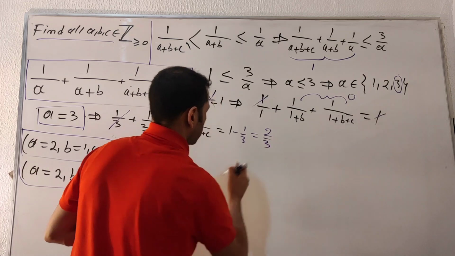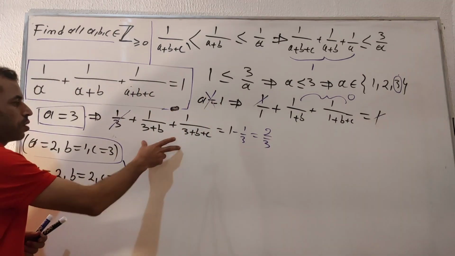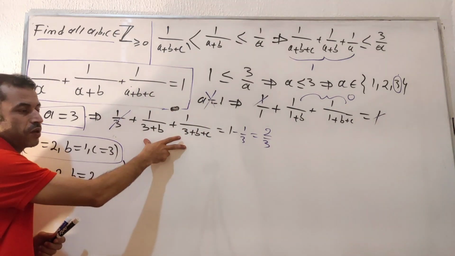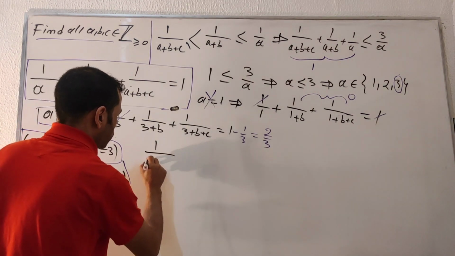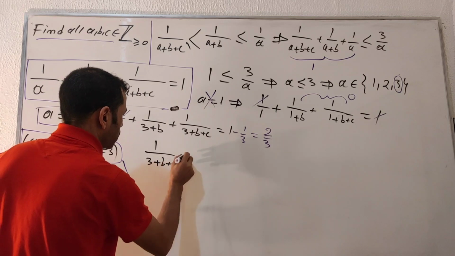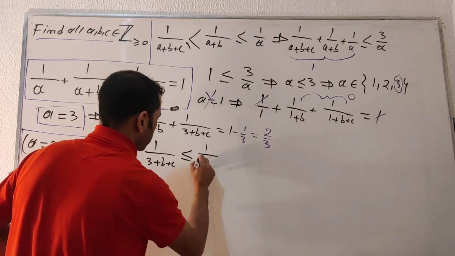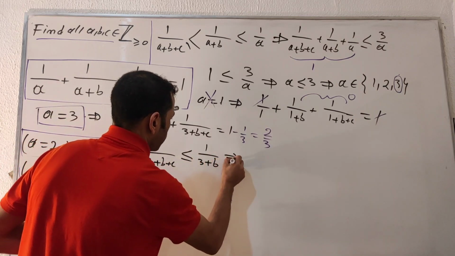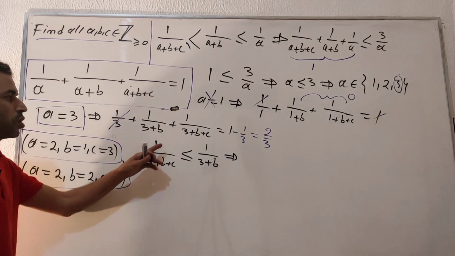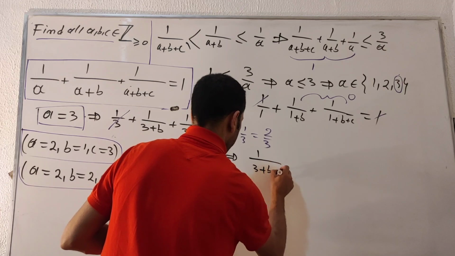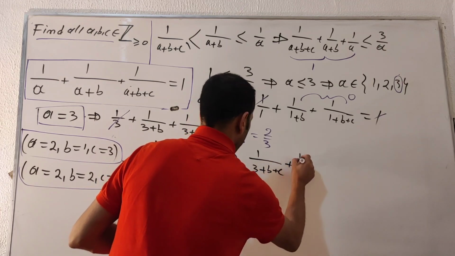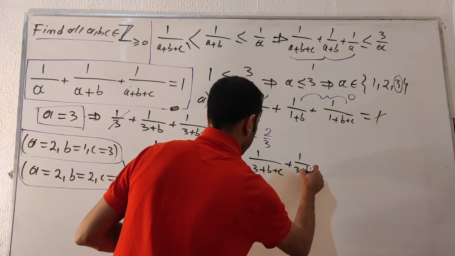Okay, by using the same argument I have previously, I get this term smaller than this term: 1 over 3 plus b plus c is inferior or equal to 1 over 3 plus b. I'm going to sum these two terms together. I get here 1 over 3 plus b plus c plus 1 over 3 plus b.